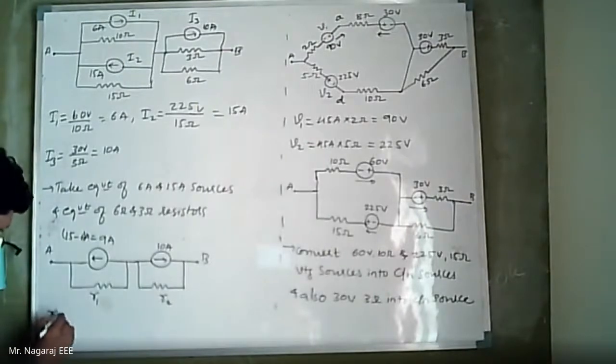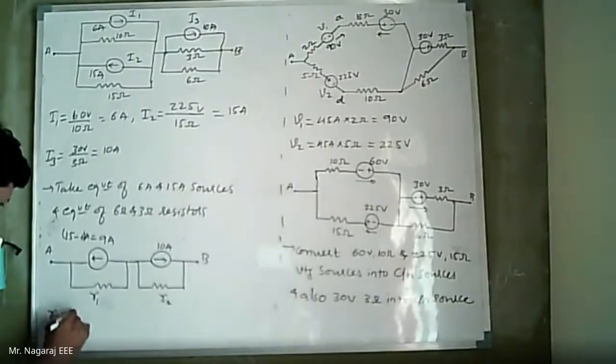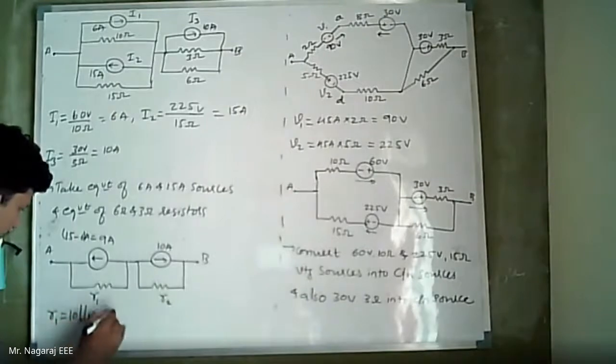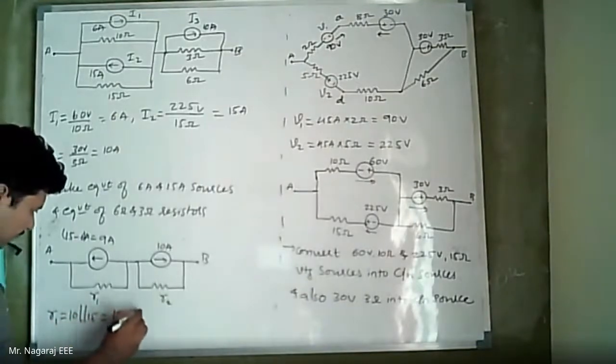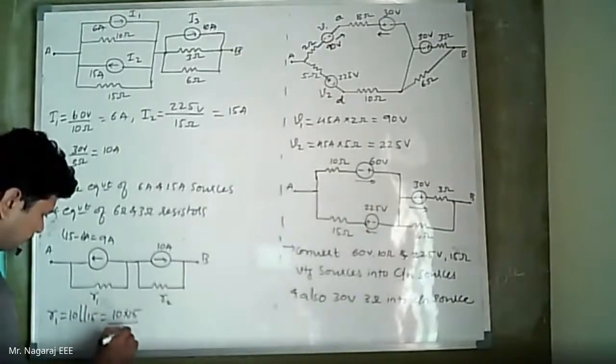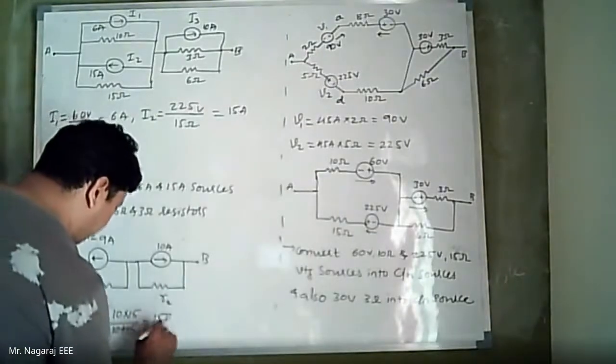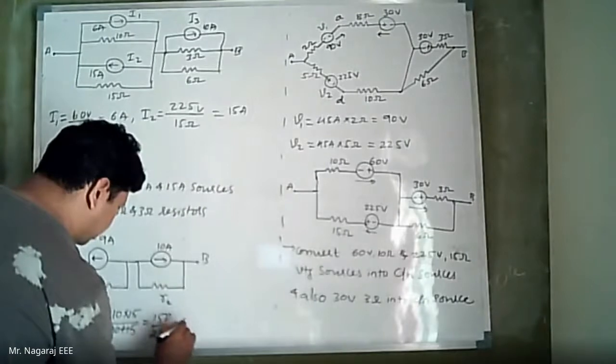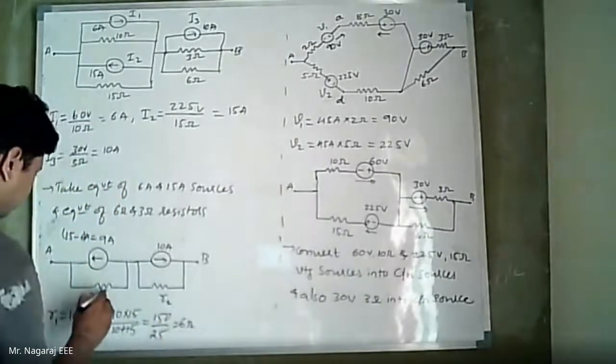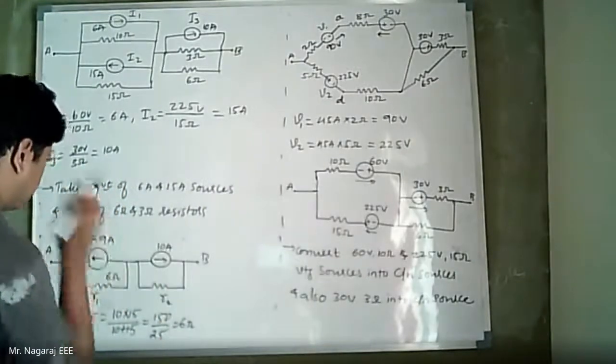This is R2. Now, what is R1? R1 is 10 parallel 15. So 10 into 15 divided by 10 plus 15, so 150 divided by 25 is equal to 6 ohms. So this is 6 ohm.